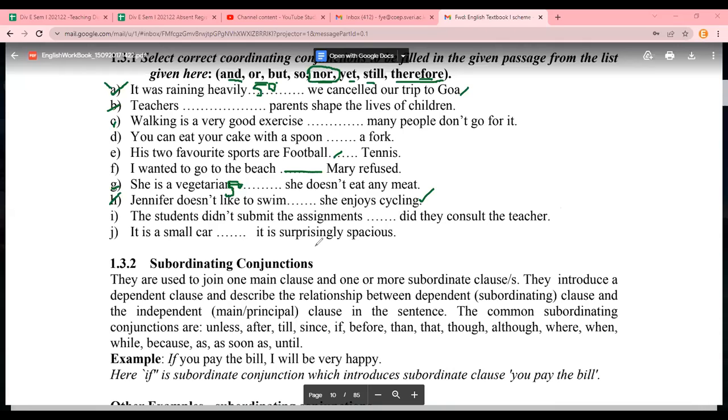Okay: the students didn't submit the assignments, nor did they consult the teacher. Last one: it is a small car dash it is surprisingly spacious. It can be but, it can be yet. Yes, Adesh, that's right. And still also.